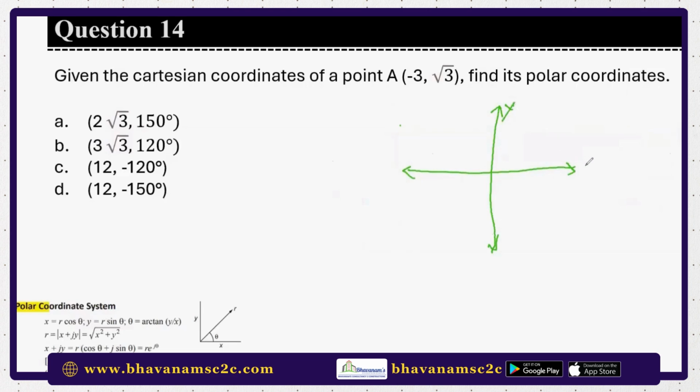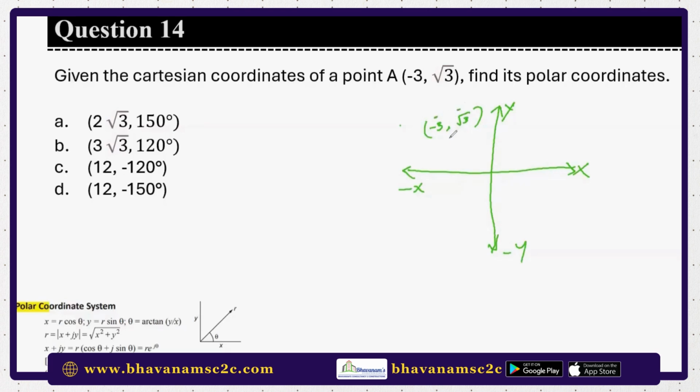This is the positive y-axis. This is the positive x-axis. Negative x-axis. Negative y-axis. If it is the point -3 and √3, it will be somewhere here in the second quadrant, because it has a negative x coordinate and a positive y coordinate.